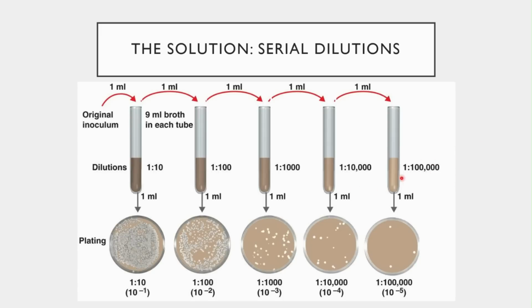We now have our dilution. We can figure out our dilution factor. So we take the inverse of this dilution, which is 100,000, multiply it by 3. That gives us 300,000 bacteria per milliliter in this solution.